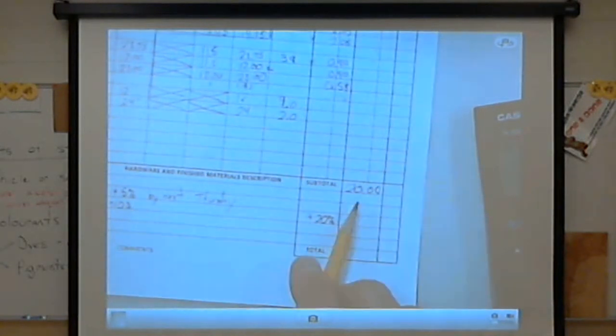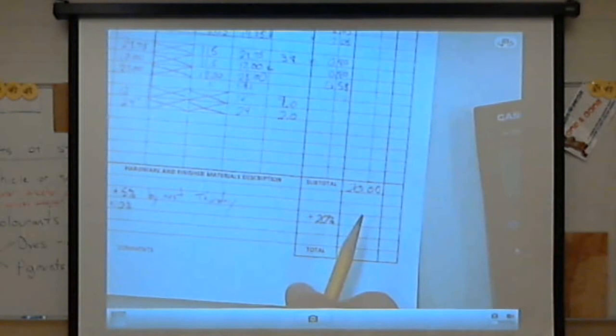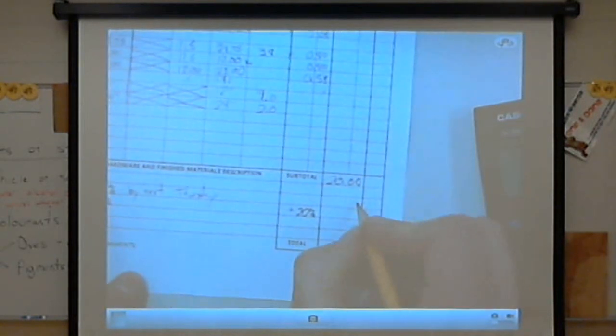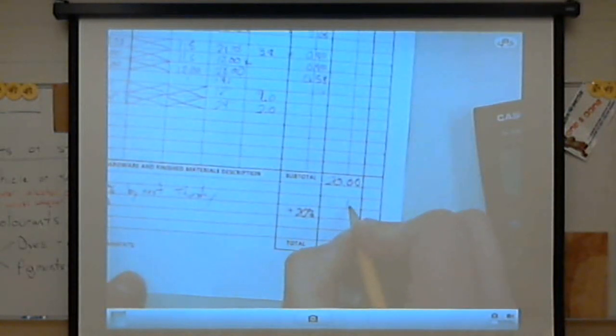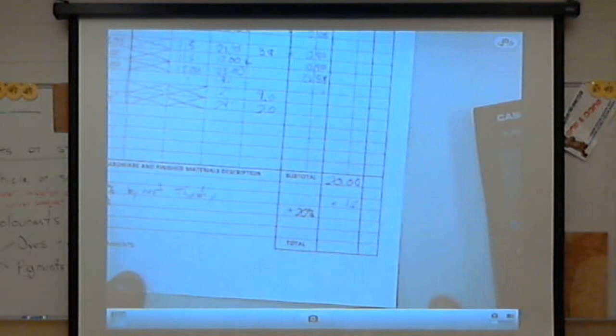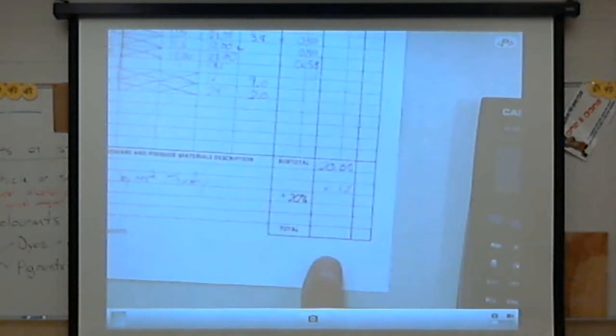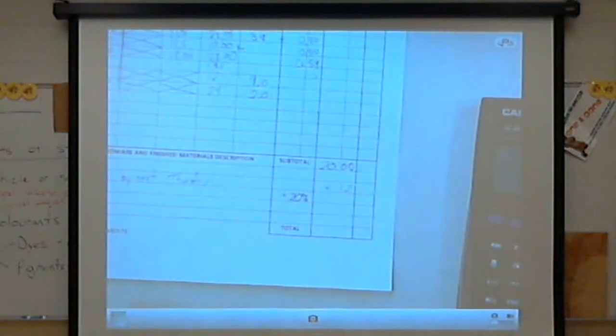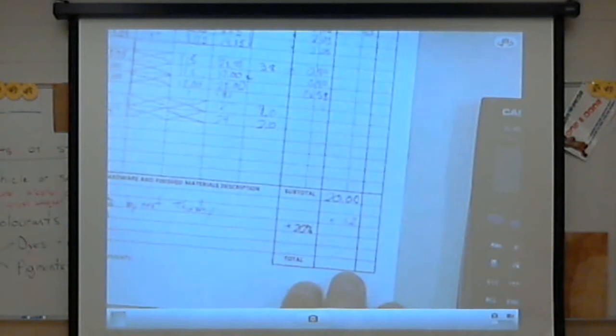If I have 20 bucks and I want to add 20% to that, what would I end up multiplying by? 0.2 or 1.2, right? I'd multiply it by 1.2, because I want to take the full 100% plus another 20%. Okay? Are there any questions on that?